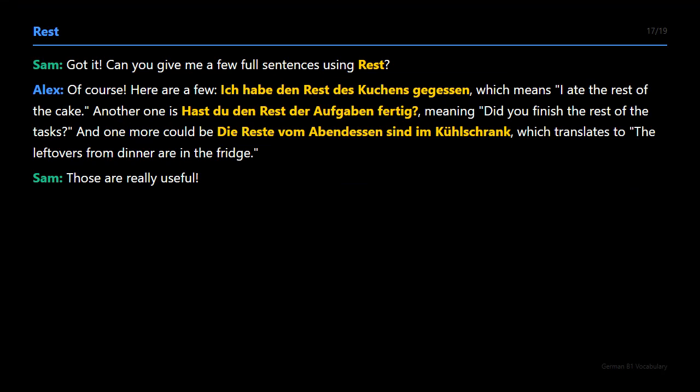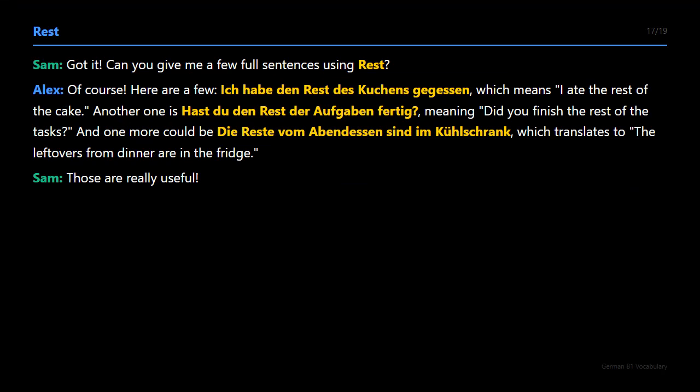Another one is, Hast du den Rest der Aufgaben fertig? meaning did you finish the rest of the tasks? And one more could be, Die Reste vom Abendessen sind im Kühlschrank, which translates to the leftovers from dinner are in the fridge.